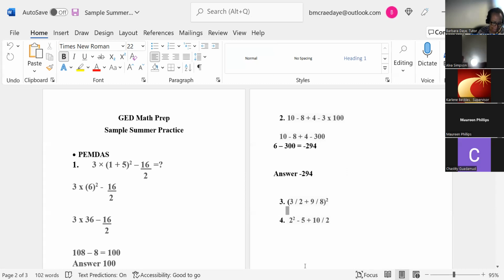Number 3 has an exponent. We're doing that first.